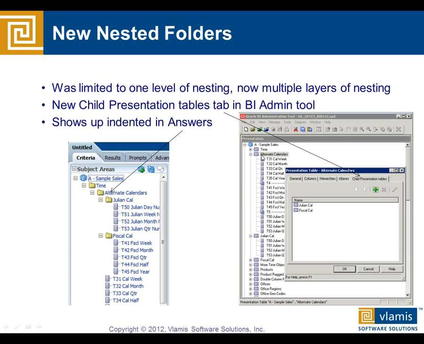So for alternate calendars, I can specify that Julian Cal and Fiscal Cal are children of that, and that way they become indented when the user ultimately looks at this in Answers, the ad hoc capability of OBIEE. So that's how you set that up.